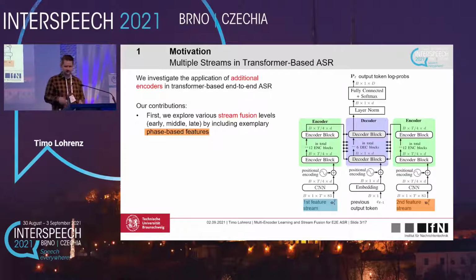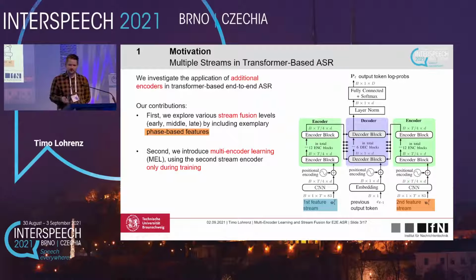So there's early, there's middle, and there's late fusion, by including an exemplary phase-based feature vector here as the second feature stream. Second, we find a novel technique by investigating fusion, which is called multi-encoder learning, which basically uses the additional encoders only during the training process and not during inference.